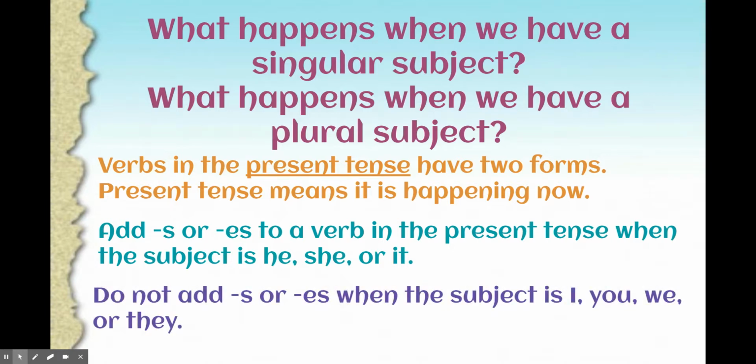We do not add s or es when the subject is I, you, we, or they. So we know that I is the exception. You is another exception. It's talking about one person, but we do not add the s or the es. And then we being more than one person and they being more than one person, we do not add s or es.